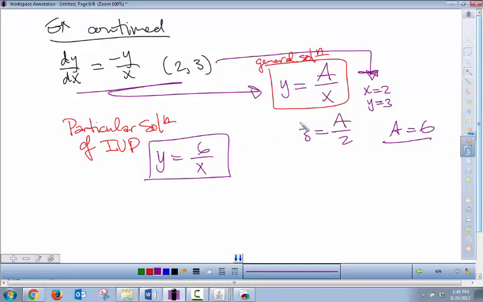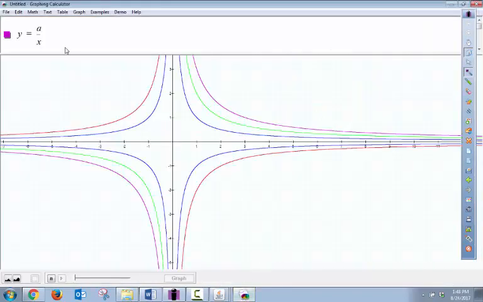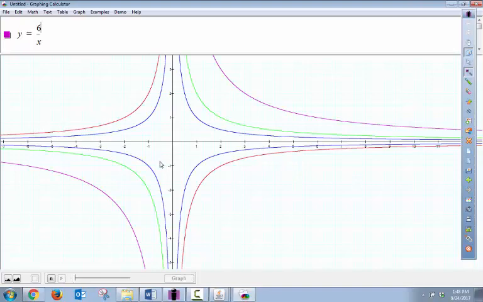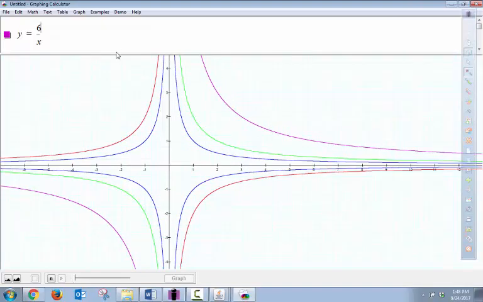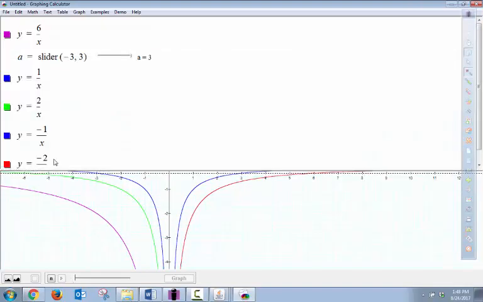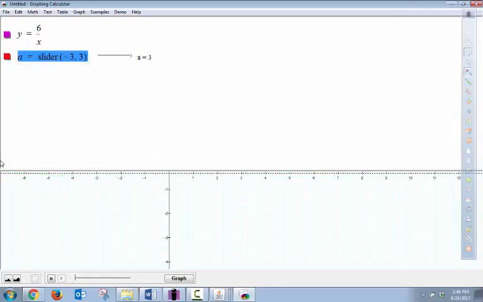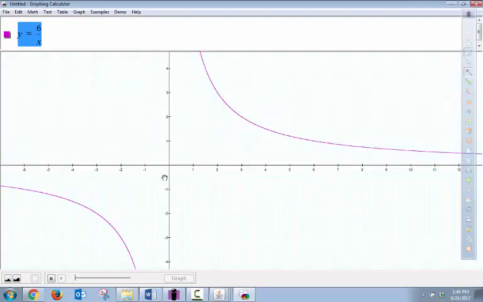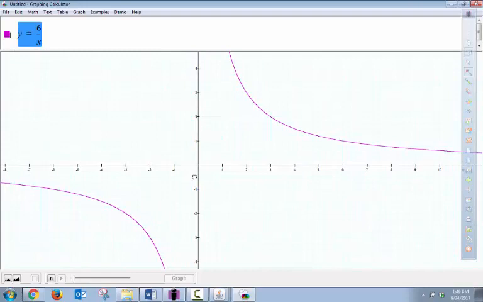So that means if I focus my attention, my solution would look like this.